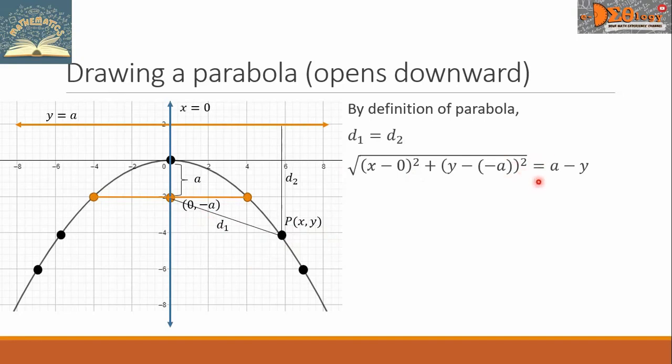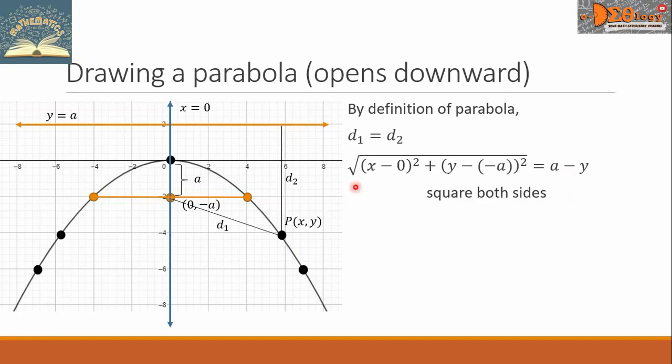And this is equal to d sub 2. Our d sub 2 again is the distance of this moving point away from the line, and this is a perpendicular distance, and the distance is a minus y.